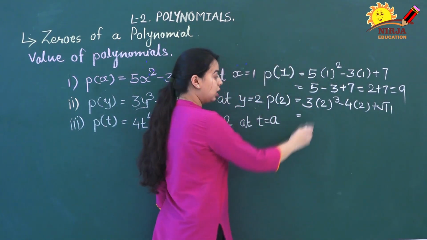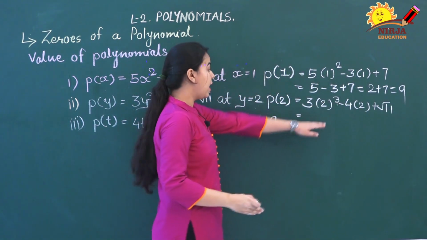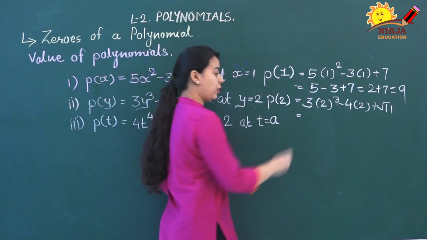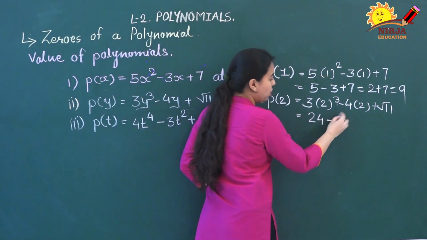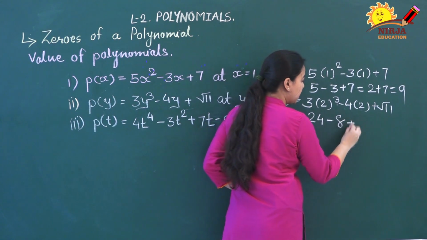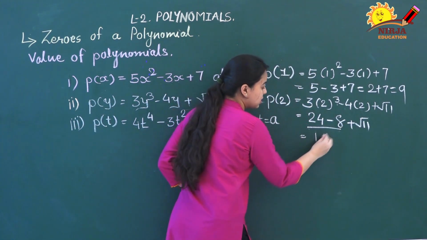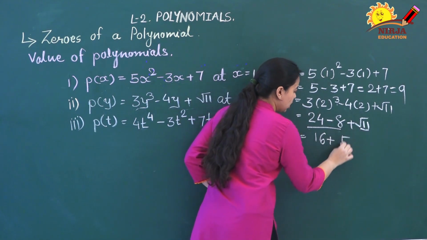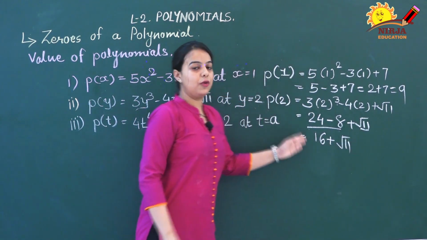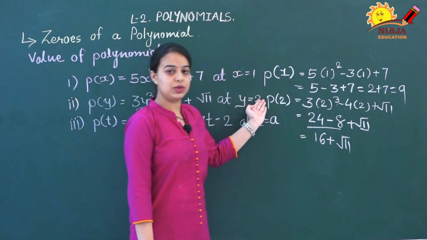Let's solve it further. 2 cube is equal to 8 and 8 multiplied by 3 is equal to 24. 24 minus 4 into 2, which is 8, plus under root 11, and 24 minus 8 is equal to 16 plus under root 11. So this is the value of p of y at y is equal to 2.